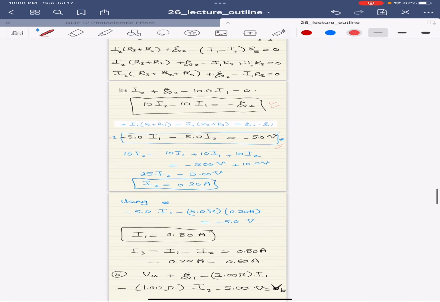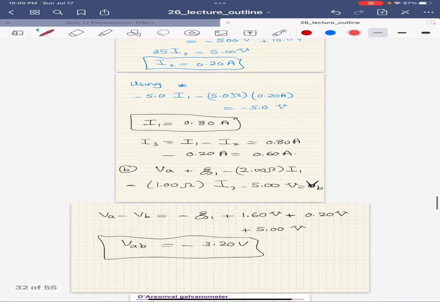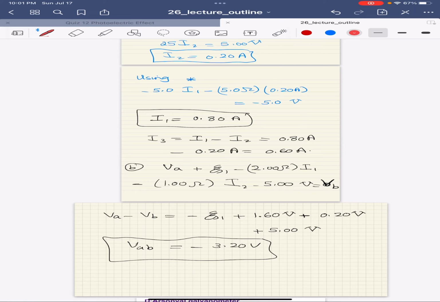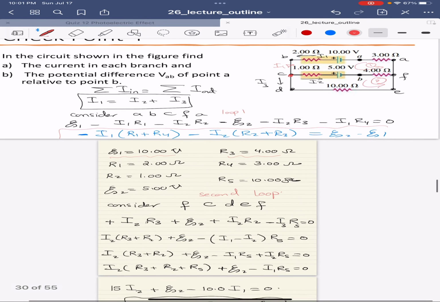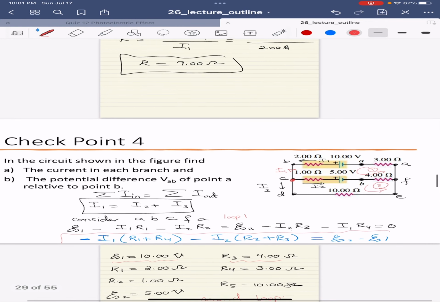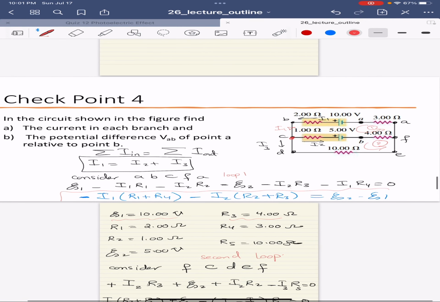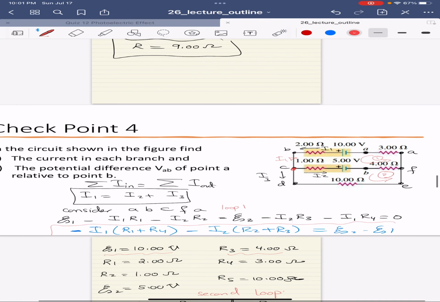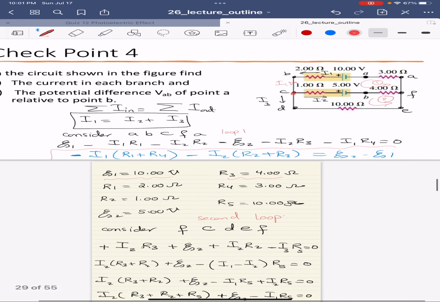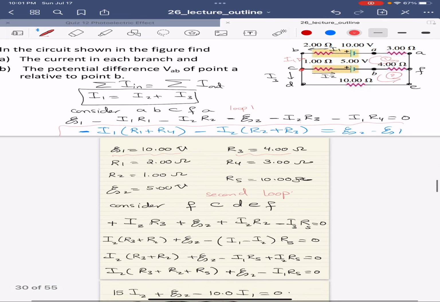Also, we can use it to calculate the voltage between two points, and here we need it between A and B. Therefore, I moved from VA, plus EMF1, minus I1 R1, minus I2 R2, minus 5, equals VB.